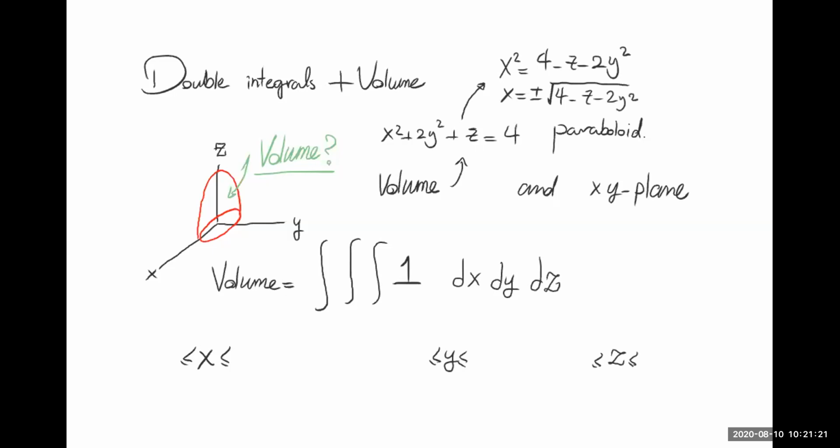Actually x is between these two values: the square root of 4 minus z minus 2y squared, and minus that. These are the bounds for x.